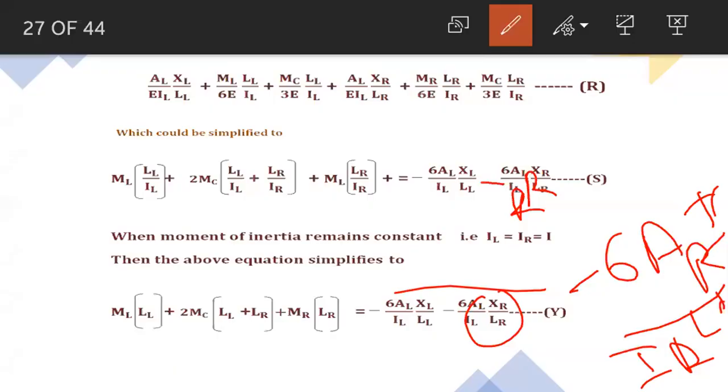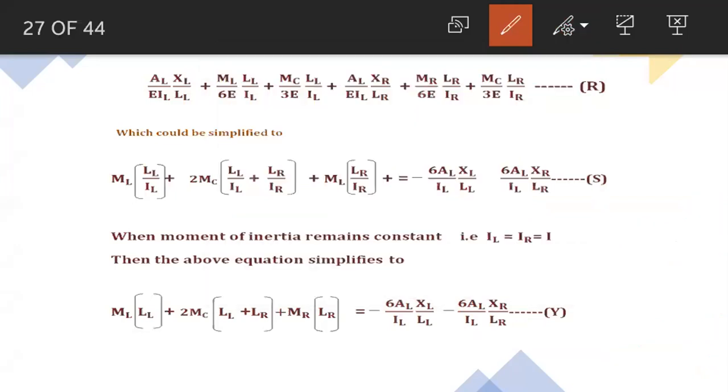There is a small correction in this equation, don't blindly follow that. Minus 6 AL XL by IL LL is correct. Minus 6 AR XR by IR LR is the second term. So when we want to apply the moment equation, this bottom equation, we can call it Clapeyron's theorem or the moment equation.